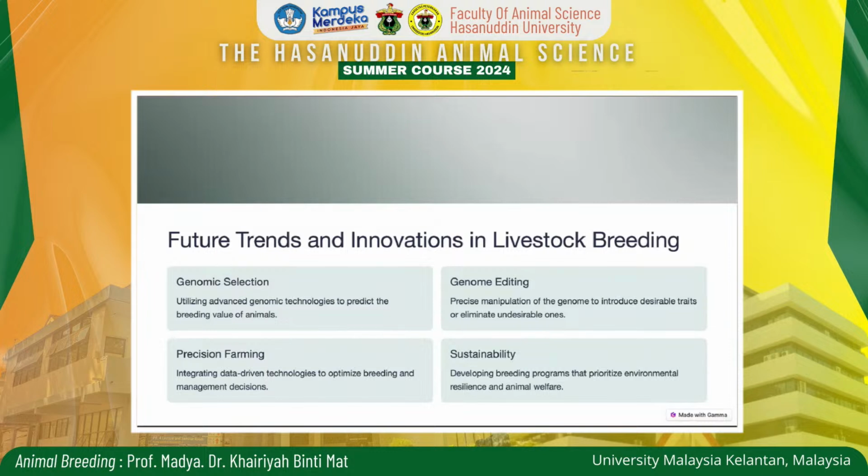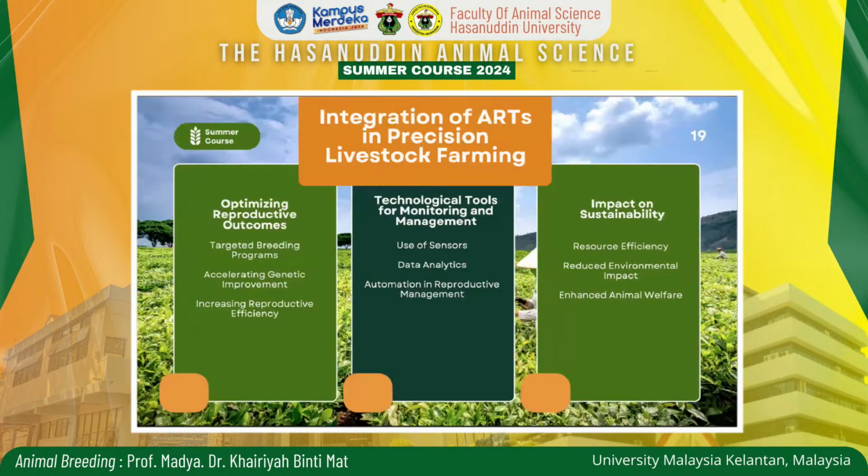We need to make sure that developing breeding programs prioritize very sustainable breeds. So by integrating all of the technology with precision farming, we can improve the efficiency of animal breeding programs.